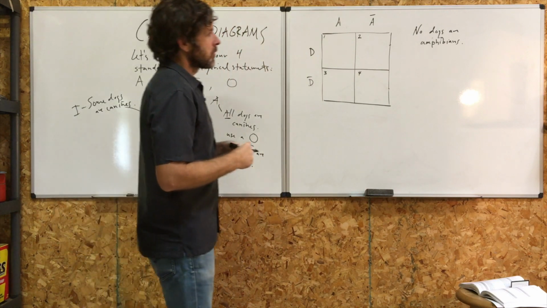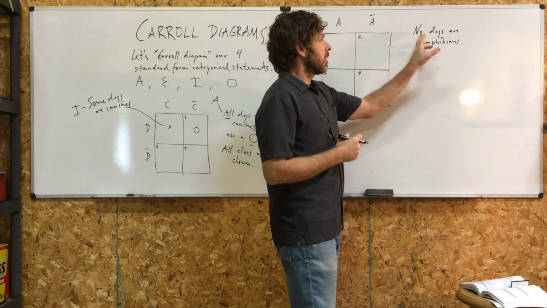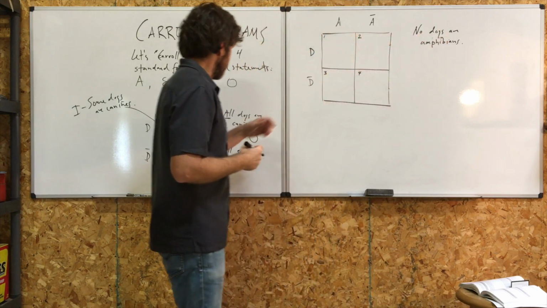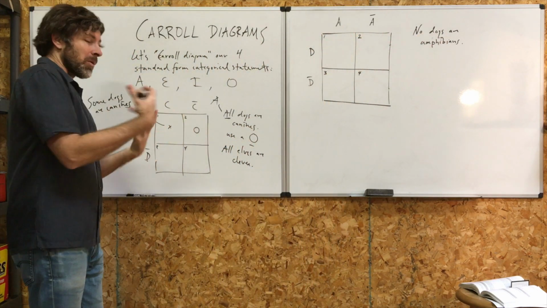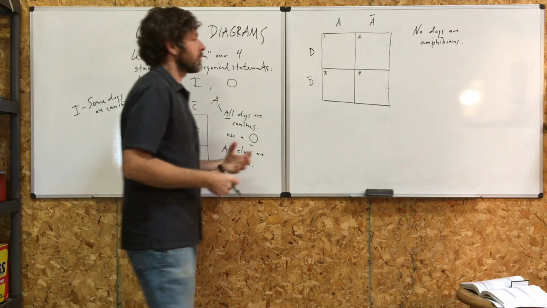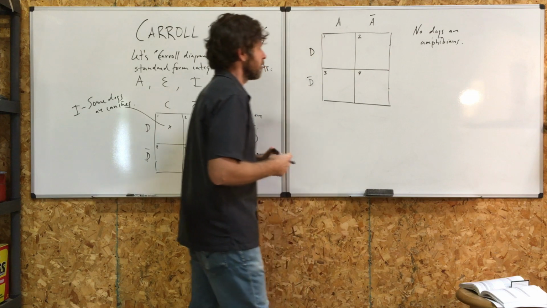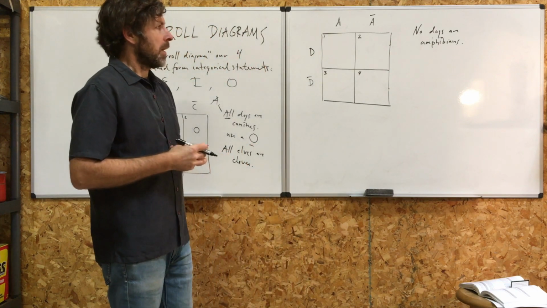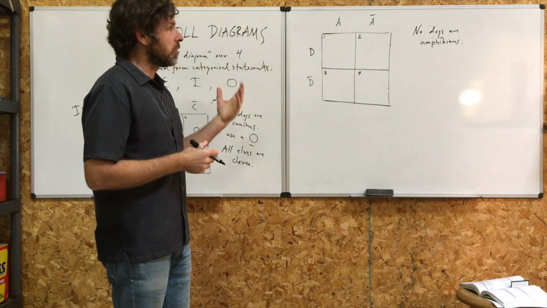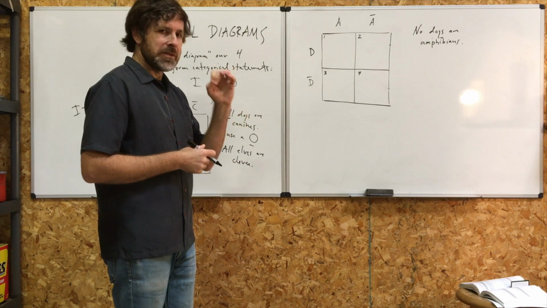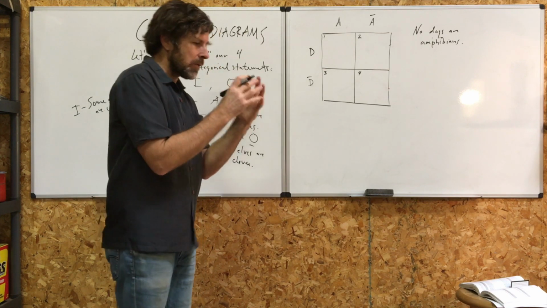So just try on your own right here, using either an X or an O, think about that. How would you represent the claim, no dogs are amphibians? I think I mentioned before that if it's a universal claim, you need to use a 0, because that means nothing. See how universal it is?